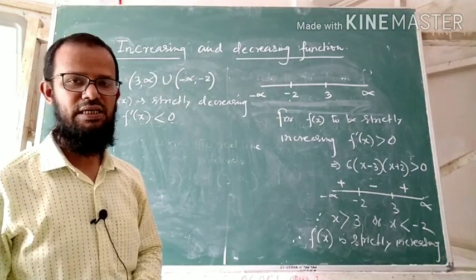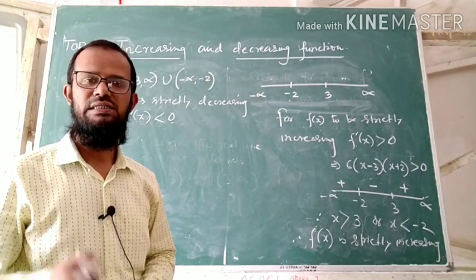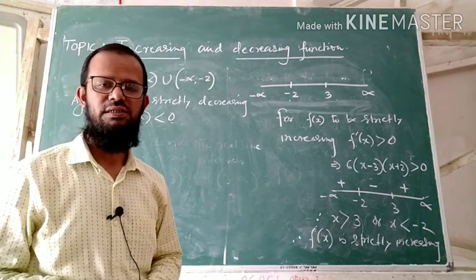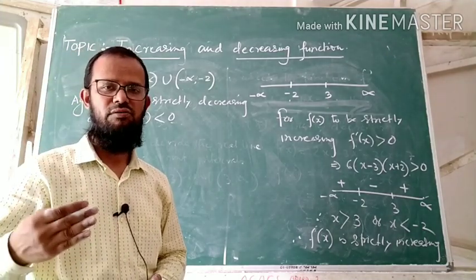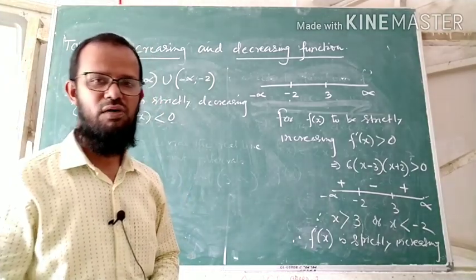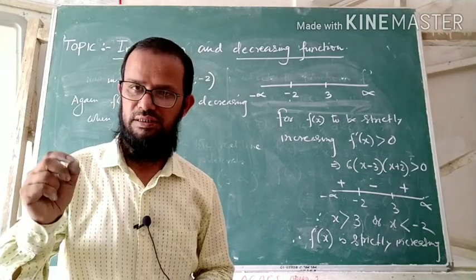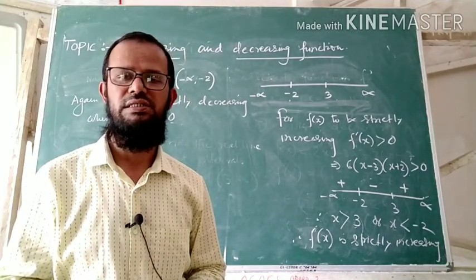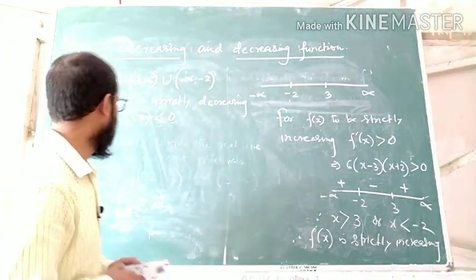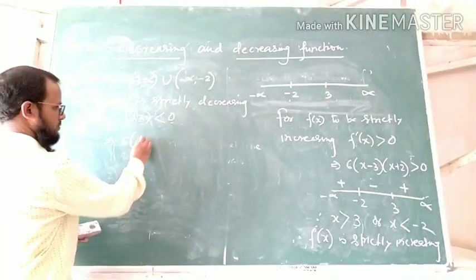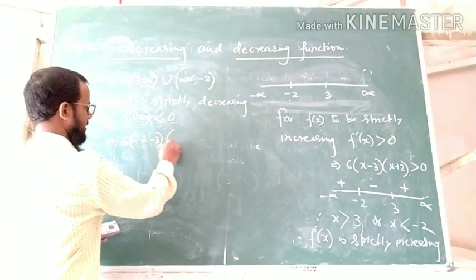Slope of the tangent at any point to the curve. When it is negative, that means the tangent makes an obtuse angle with the positive direction of the x-axis. Then we can say that the function is decreasing, strictly decreasing. Okay. So f dash x less than 0 implies 6 into (x minus 3) into (x plus 2) less than 0.